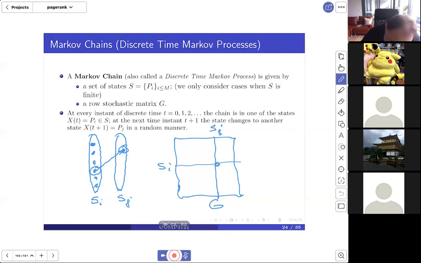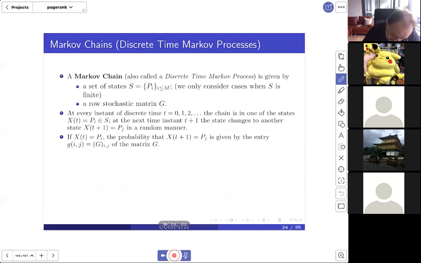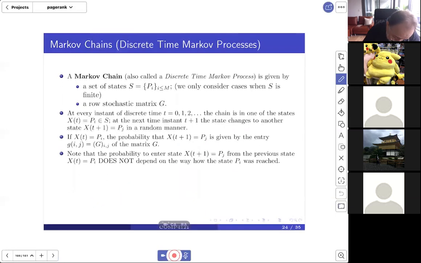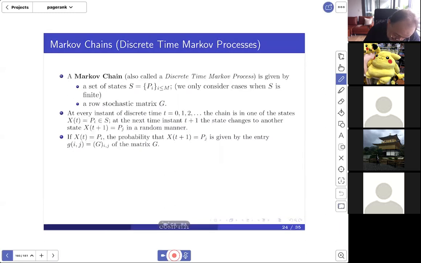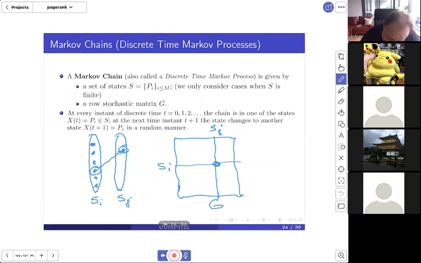because the size of the matrix is number of states times number of states, this entry here we will call the probability to switch from state i into state j.